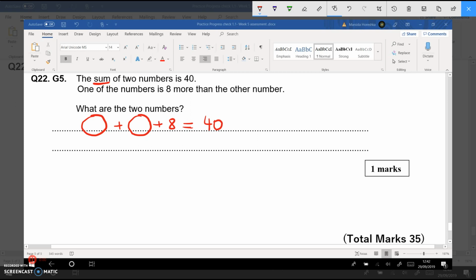So if you go backwards and take away the 8, these two will be equal to 32. And since these two are the same, that means just one of them will be equal to 16. So let's write out. If 16 is one number, the other one will be 16 plus 8, which gives us 24.